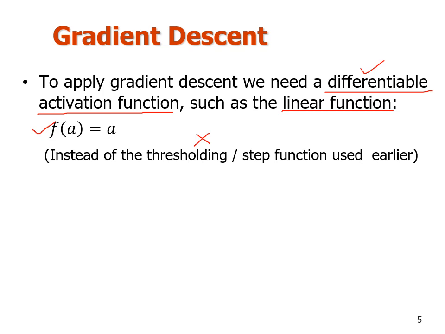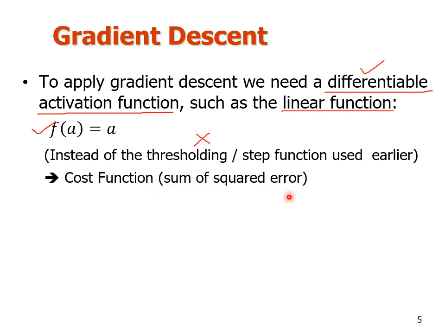Now, after selecting our activation function, what next we would like to do is, by making use of this activation function, compute the output of our perceptron. So, let us now define the cost function. The cost function is nothing but the sum of squared error.